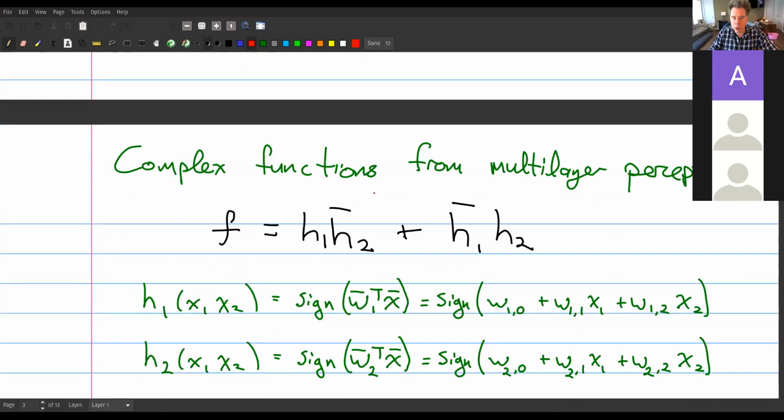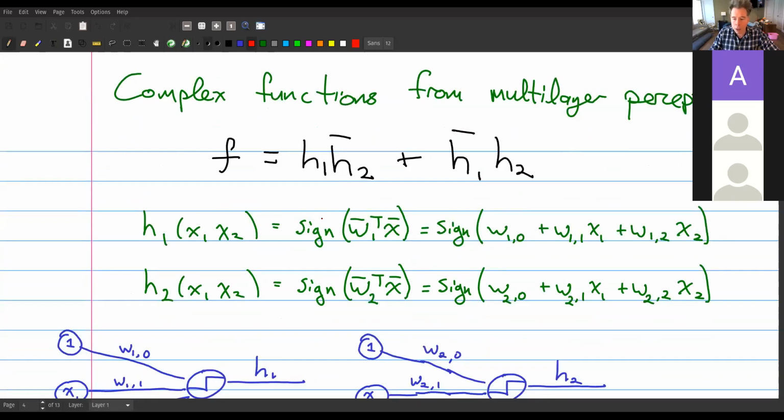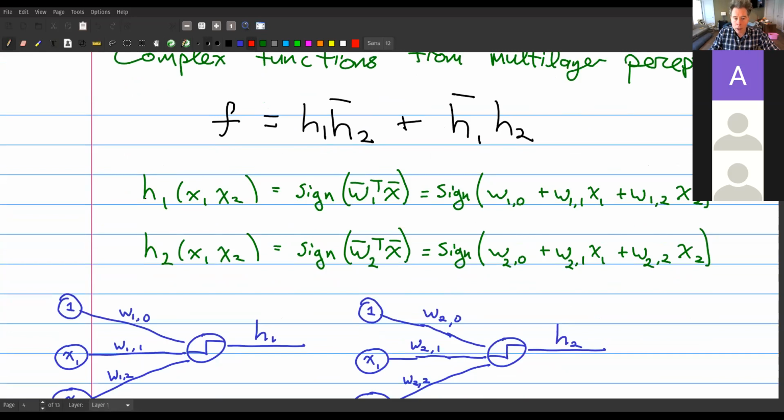So let's try to do the XOR now, this complicated function that broke everybody's heart when it couldn't be handled by a single perceptron. So this is the notation. We're just fixing notation for describing H1. That's the first half space. So W bar 1 will be the weight vector for that one.